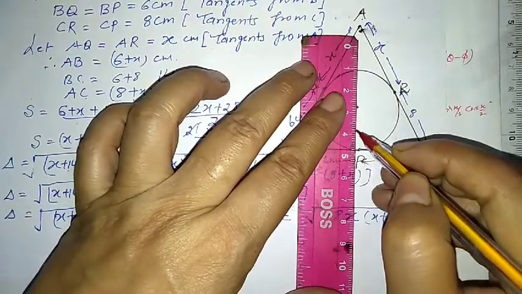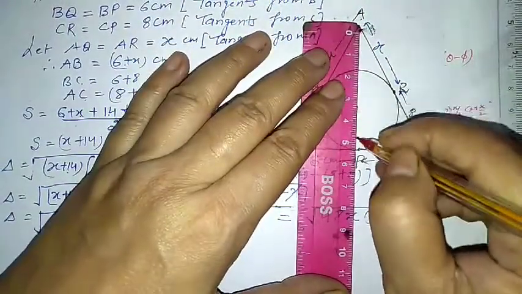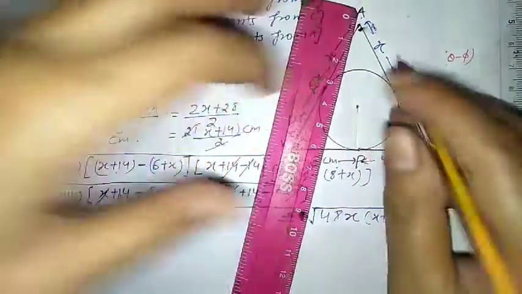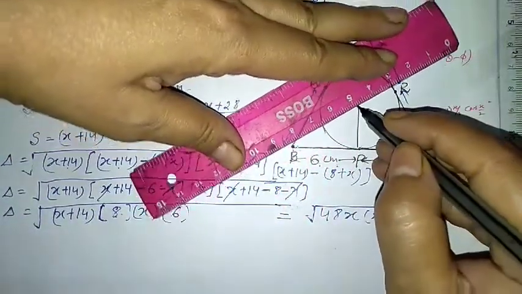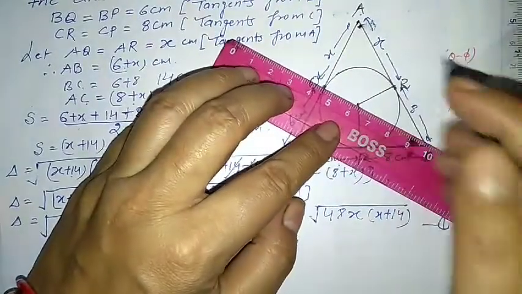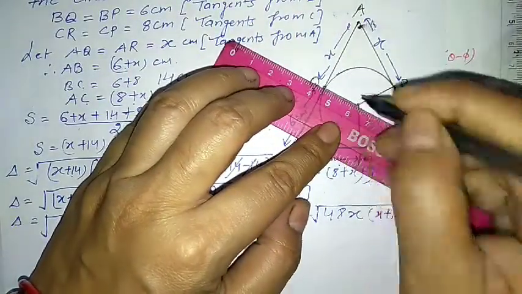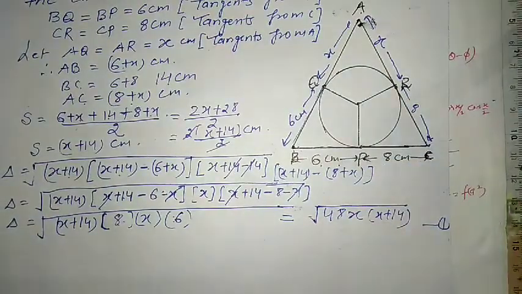If we join here, this side, we can join here this side and this side also, and this side also, all the three sides.